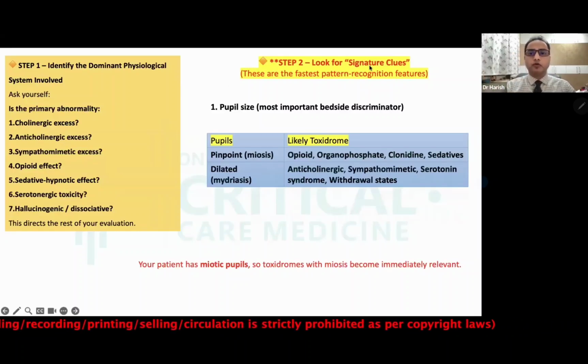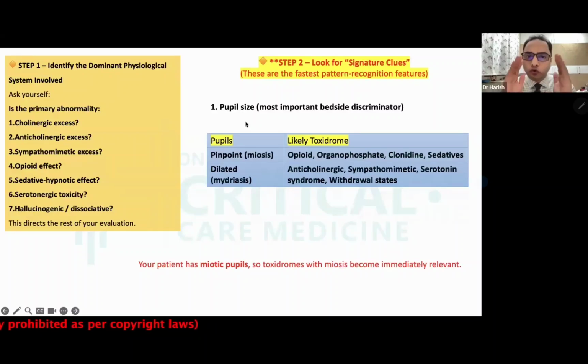Next step, look for signature clues. These are the fastest pattern recognition features. See the pupil size, the most important bedside discriminator. If the patient has a pinpoint pupil, that is miosis, the likely toxidrome is opioid, organophosphate, clonidine, or sedative.